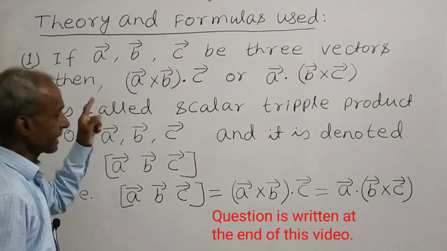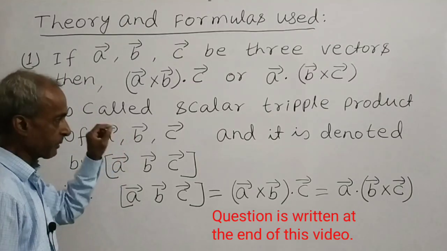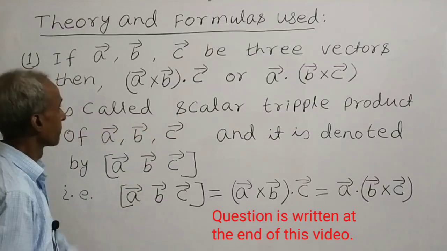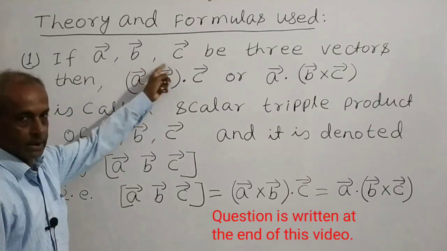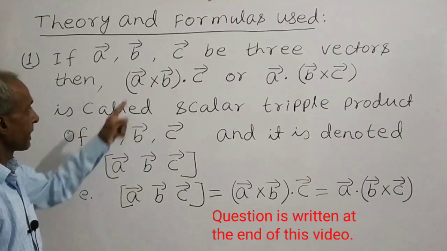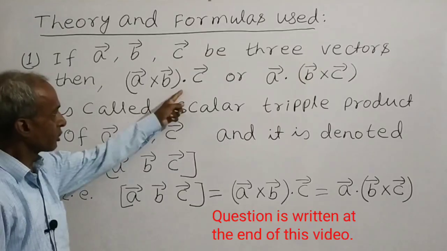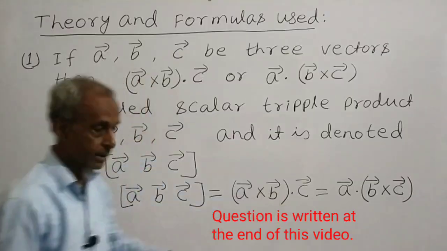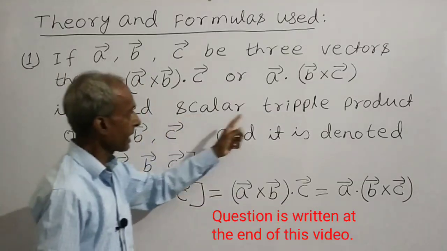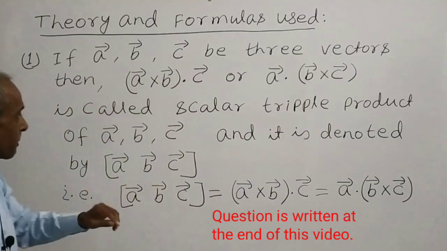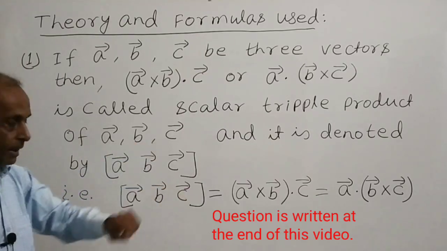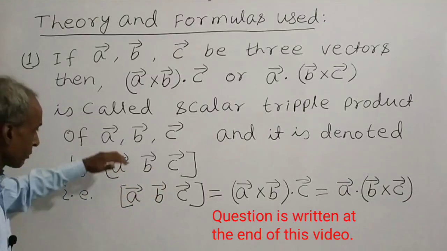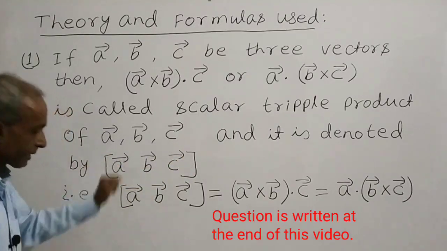First, I explain the theory and formula that I will use in solving this question. If A, B, C are three vectors, then A cross B dot C or A dot B cross C is called a scalar triple product of vectors A, B, C, and it is denoted by [A B C] enclosed inside this bracket.